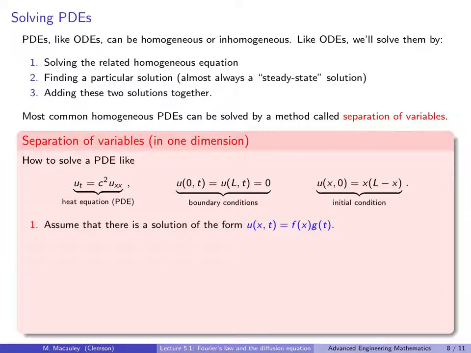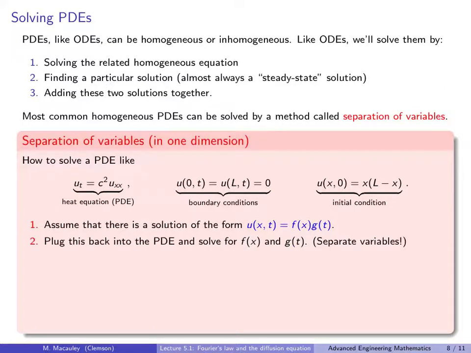We're not assuming that the general solution is like this, but we're just assuming that there is one, and we will find it. We plug this back into the PDE, so we take derivatives and plug it back in for u_t and u_xx, and we solve for f of x and g of t, basically by putting all the x's on one side and all the t's on the other side. It's called separating variables.